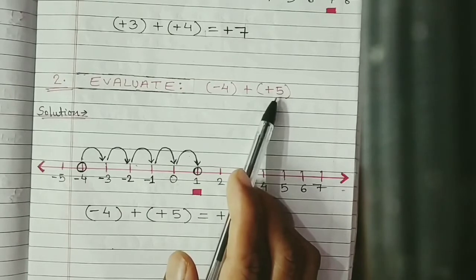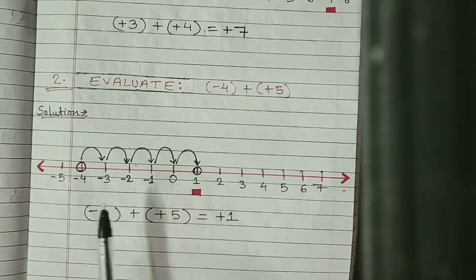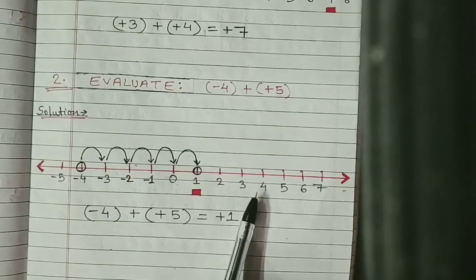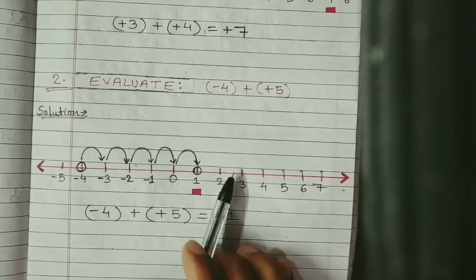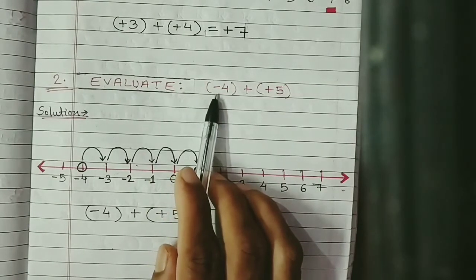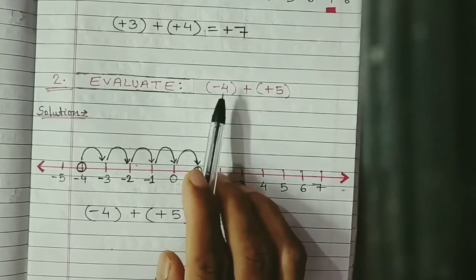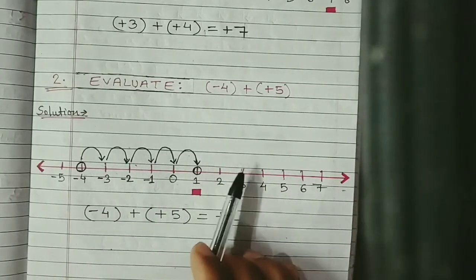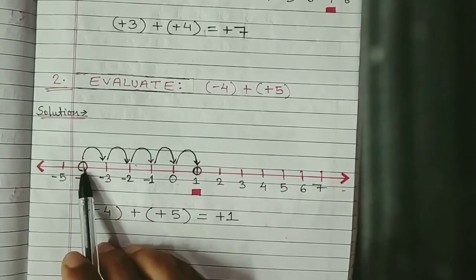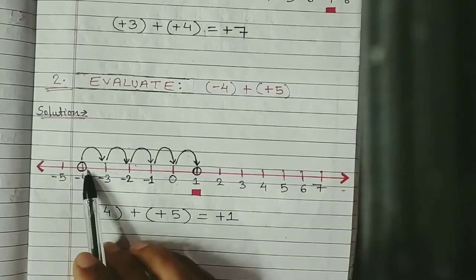So again I have made a number line here and I have written some integers on this number line, and then we have to see the first integer, and here the first integer is minus 4, so we have to mark this first integer, that is minus 4, on this number line, and in this place the integer is minus 4, so I have marked this place.